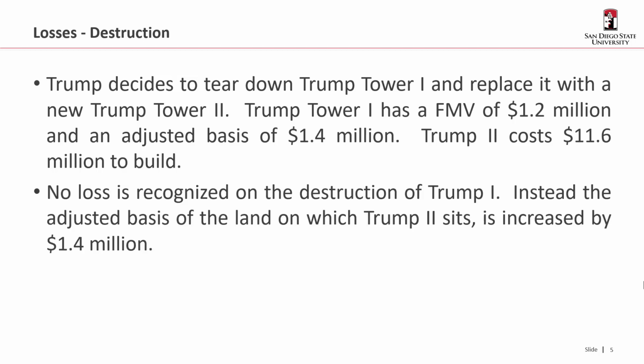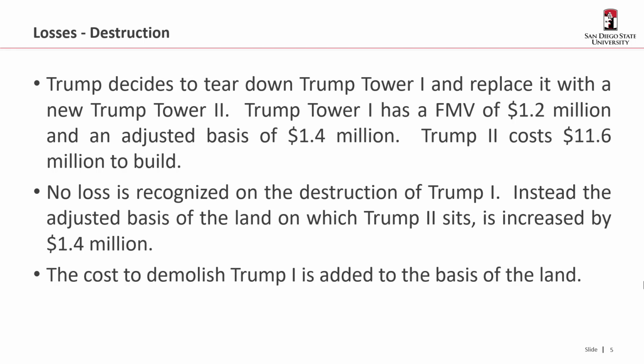So no loss will be recognized on the destruction of Trump 1. Instead, the adjusted basis of the land on which Trump 2 sits is increased by the adjusted basis of Trump Tower 1, which has been destroyed, which is $1.4 million. In addition, the cost to demolish Trump 1 is also added to the basis of the land.